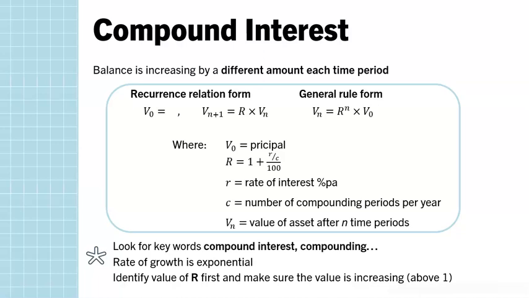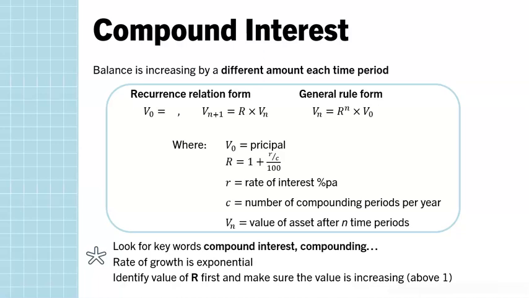A couple of terms are a little bit different here. V0, our initial value, is often referred to as the principal, the principal amount that was either invested or borrowed. When we're calculating R, because we do have growth, we are always working with 1 plus our rate.